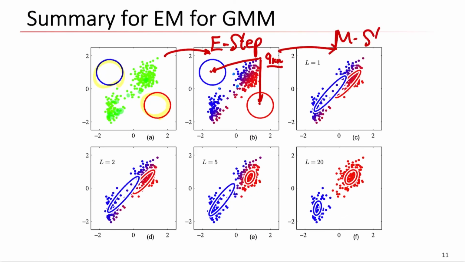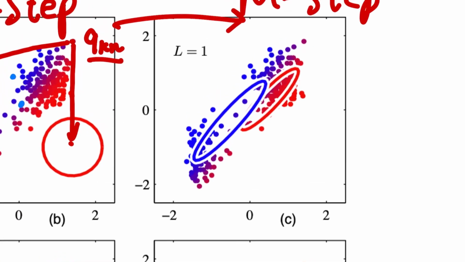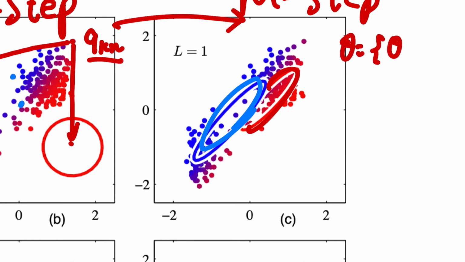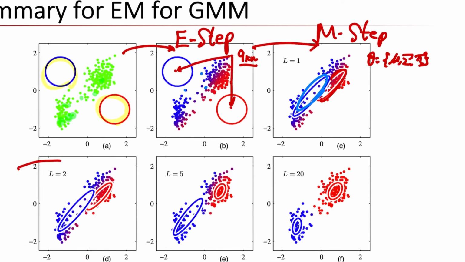And in the maximization step, we will update the mu and sigma here. Okay, like that. So update the theta consisting of mu, sigma, and pi. Okay.